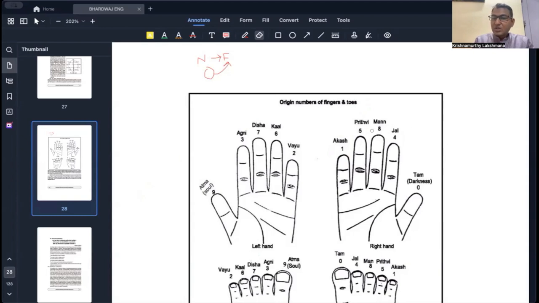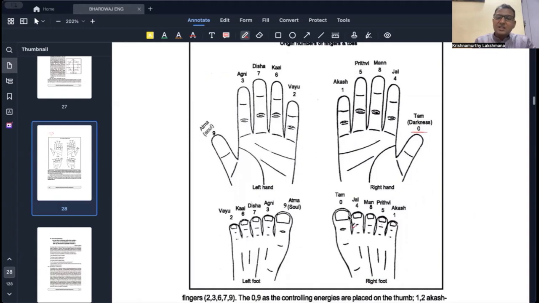So this is the sequence, and you will have to remember it as this sequence itself. Akash is the first, and then Vayu, Agni, Jal, Prithvi, Kal, Disha, Man, then Atma, and all of these are present in the first one, that is the darkness. So all the other numbers are present in the darkness. So this is how you will have to remember it.